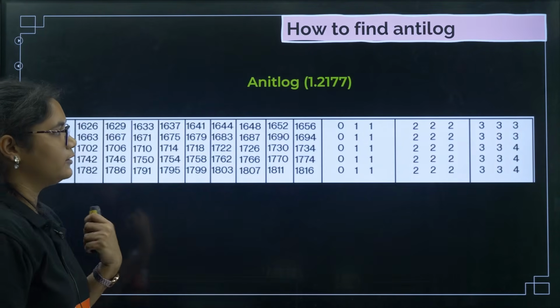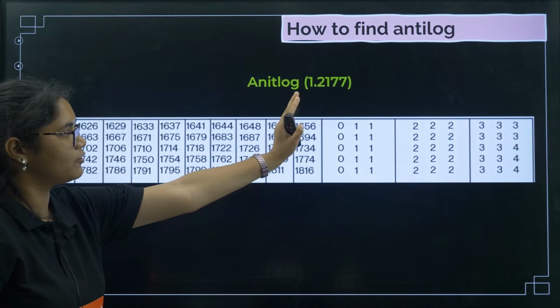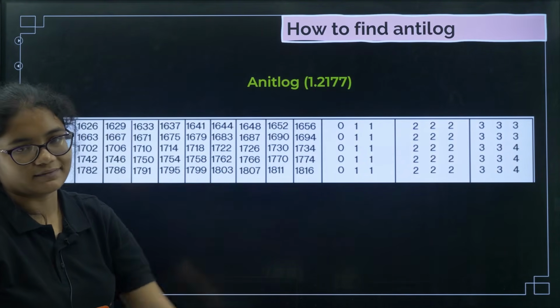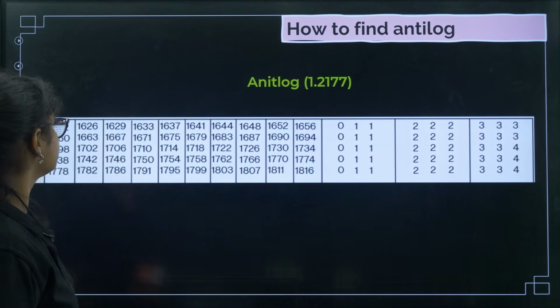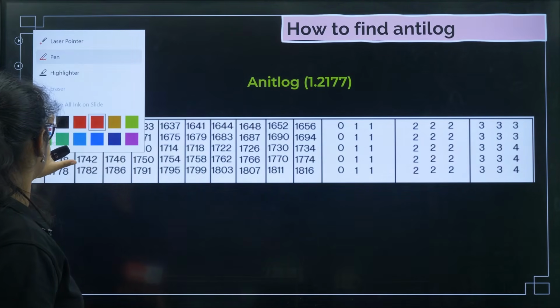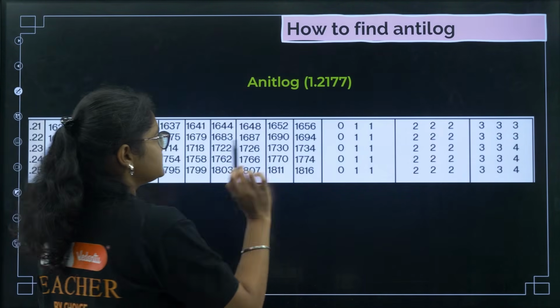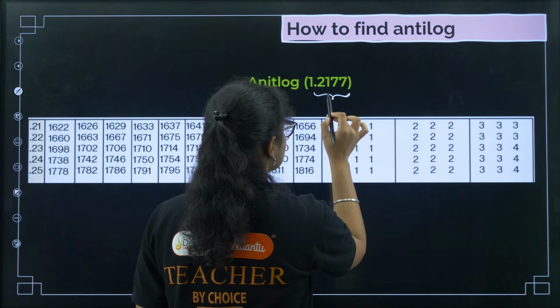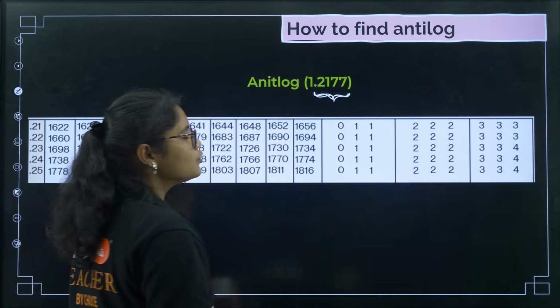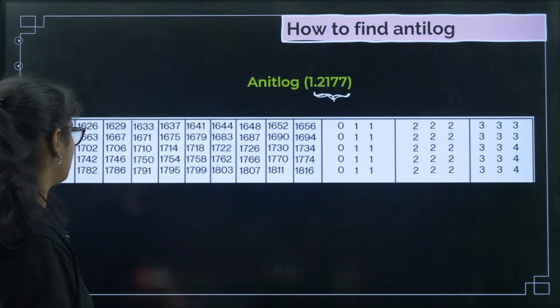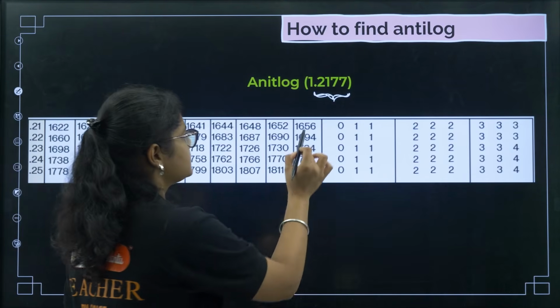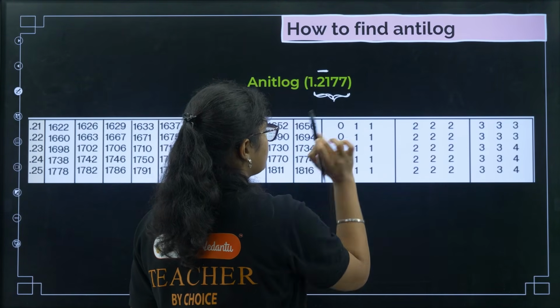How to find antilog? Okay, so you need to find the antilog for 1.2177. Suppose. So when this one is there, what you have to do, you just consider first these numbers which are after the decimal. Okay, 2177. So in the table, the first 2 digits you need to consider, that is 0.21.